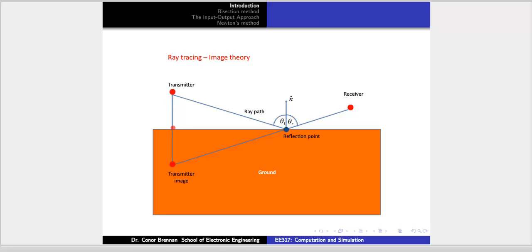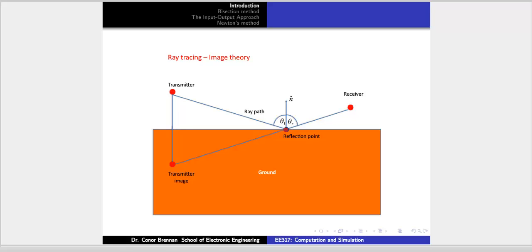So the transmitter's height above the plane, and the image's height below the plane, are the same. Then we can draw a straight line from the image to our final destination point, and where this straight line from the image to the receiver intersects our reflecting plane is where the reflection point is.